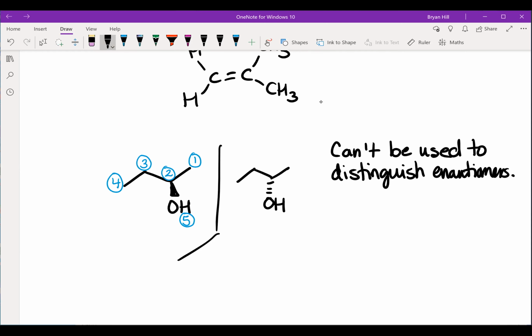Unless, there's a Mosher ester technique where you convert your alcohols to esters, and there's a really neat way of doing it with fluorine NMR.